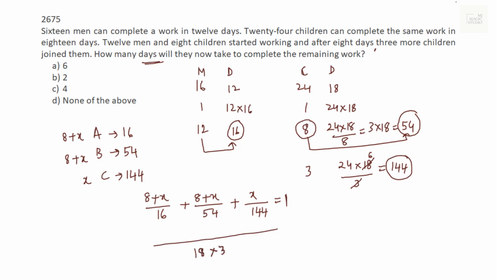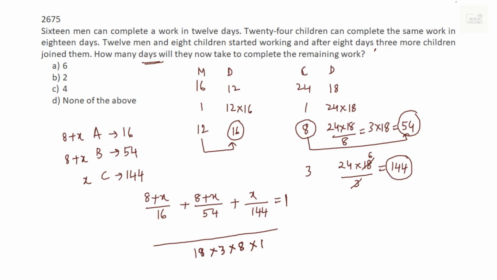18 into 3 into 8, 24 happens here, 54 and into 2, and into 1.